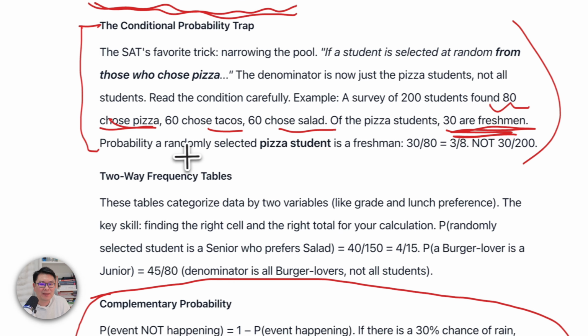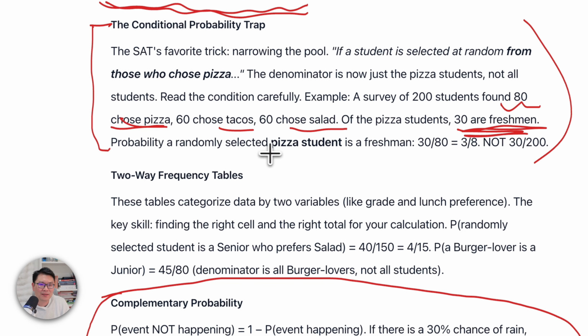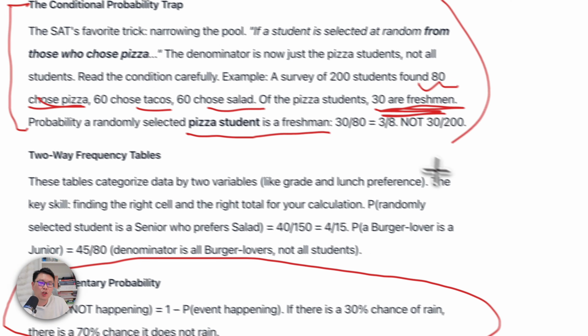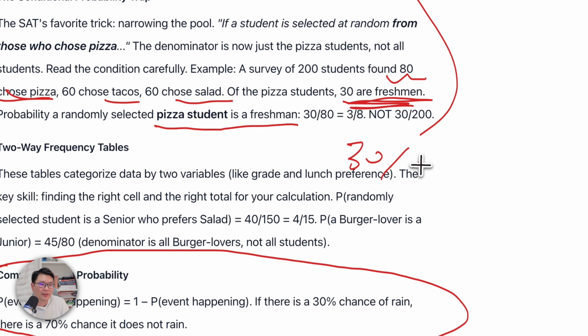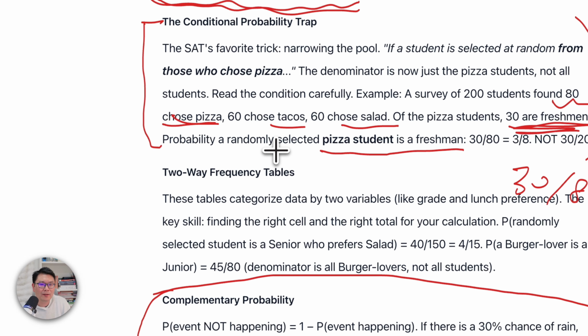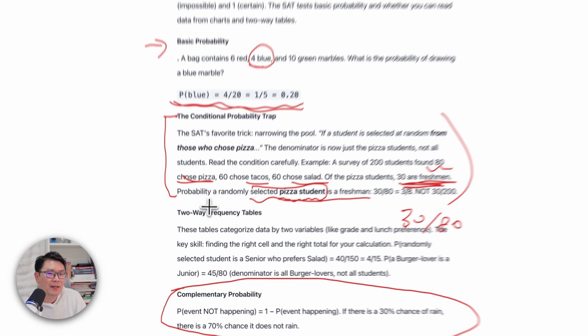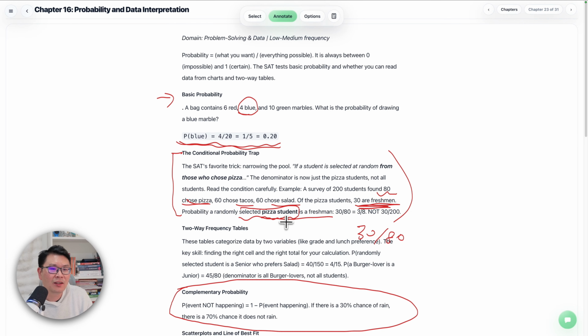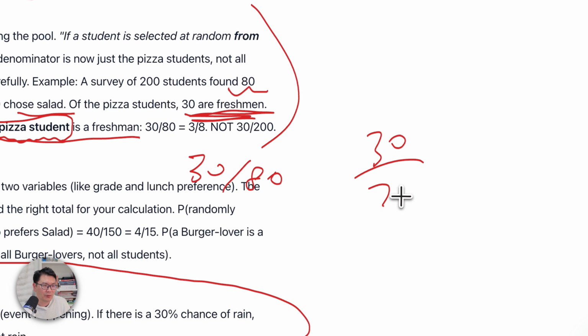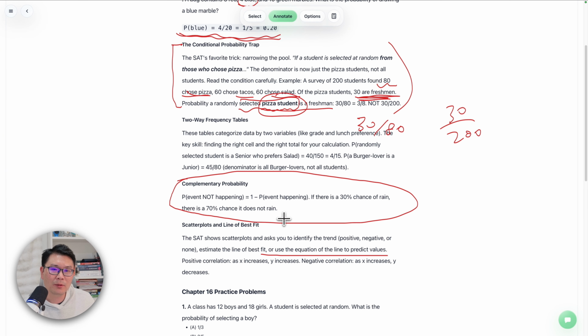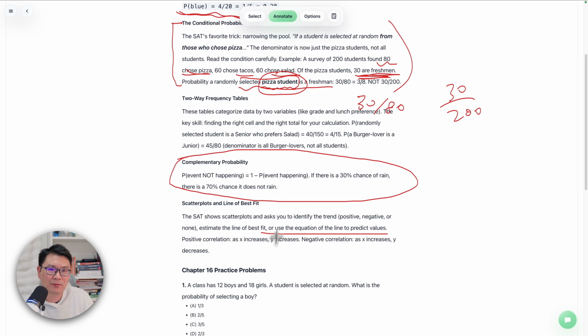And then the probability that a randomly selected pizza student is a freshman should be 30 over 80. It's not 30 over 100 because the condition is that you already know it's a pizza student. If it says the probability of a randomly selected student, not a pizza student, then the probability is 30 over 200. See the difference?